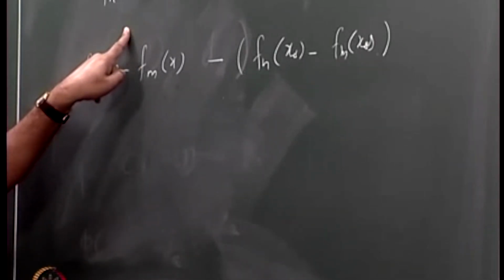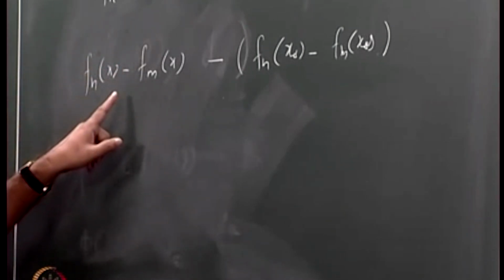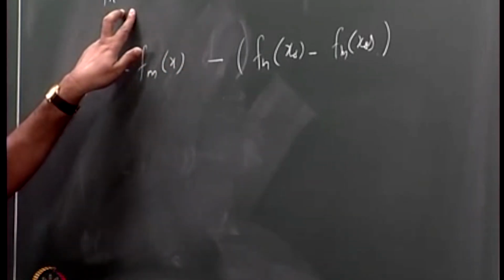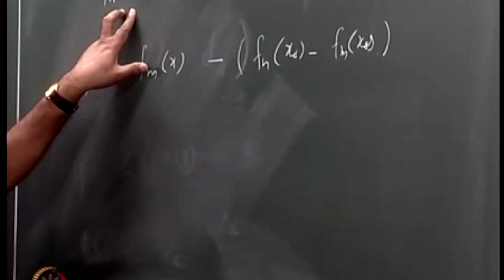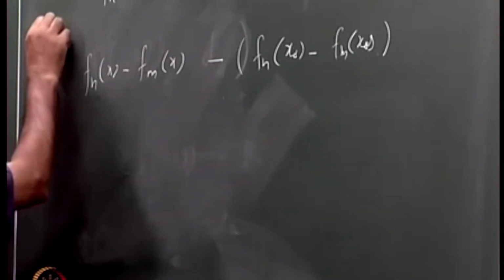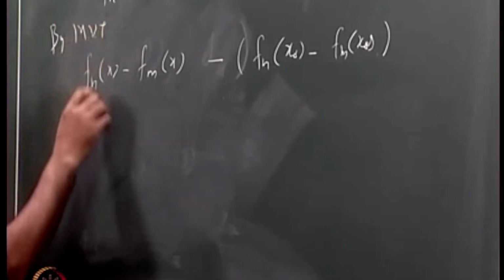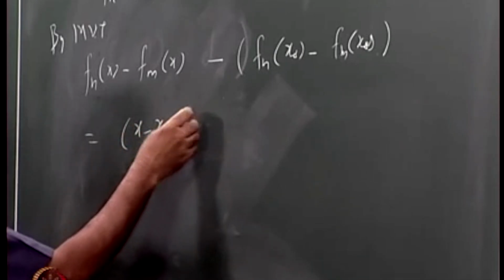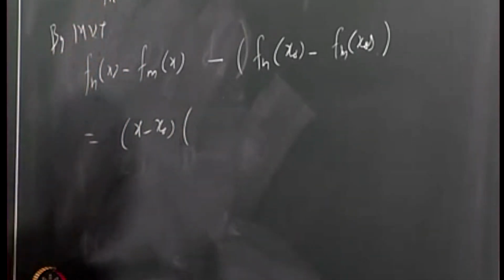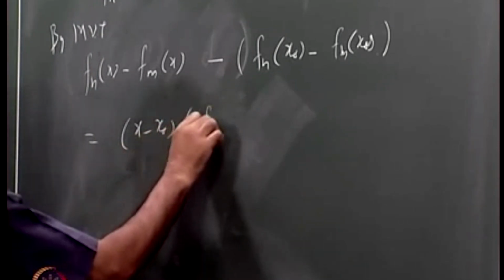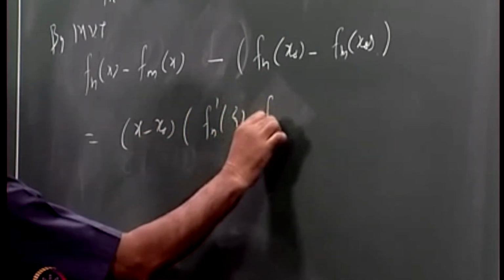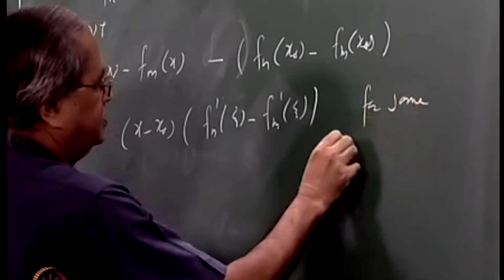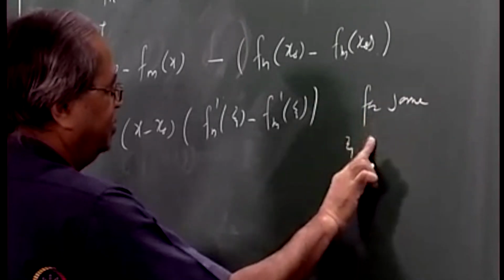By Lagrange's mean value theorem, this is the same as x minus x naught into the derivative of fn minus fm at some point xi, which is the same as fn prime xi minus fm prime xi, for some xi between x and x naught.